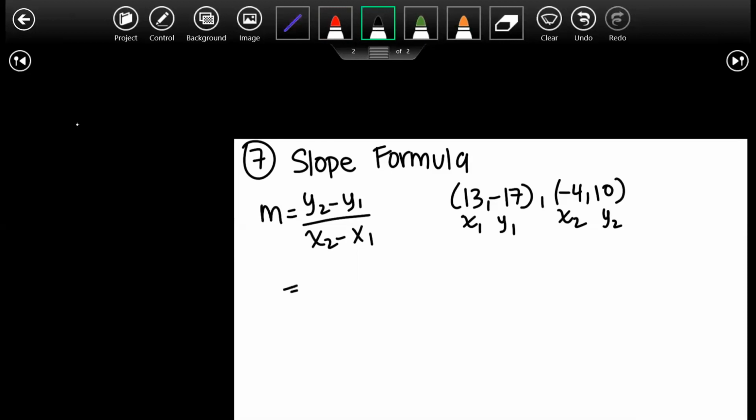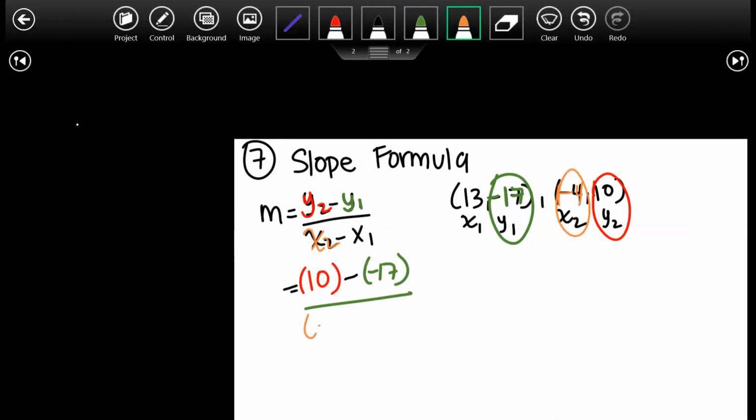In this case, our y2 is going to be represented by our 10 here. So 10, I'll put those in parentheses, minus our y1. Y1 happens to be -17 here. So minus -17, all over our x2, which is -4 here.